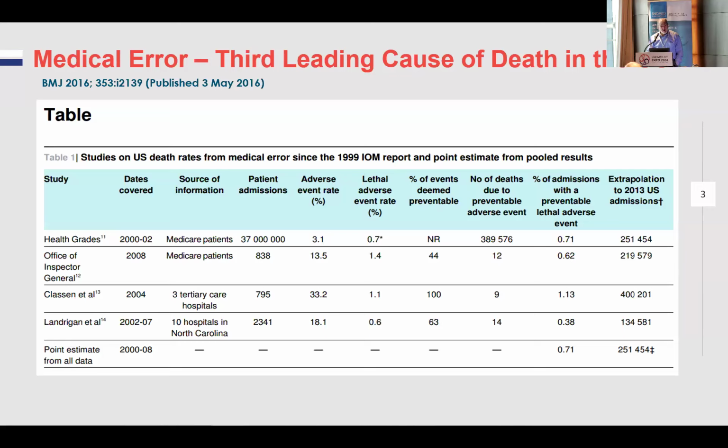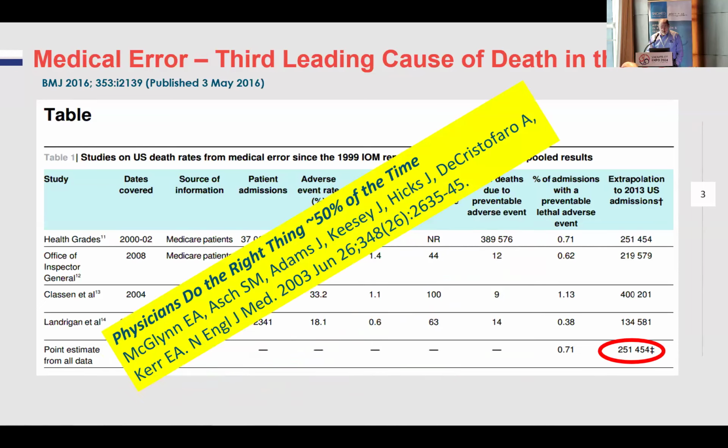It will be a building block for things that we create to try and improve the way that we do things. The other thing, unfortunately, is that multiple studies have shown physicians do the right thing, order the right test or make the right diagnosis or do the right surgery roughly 50% of the time.